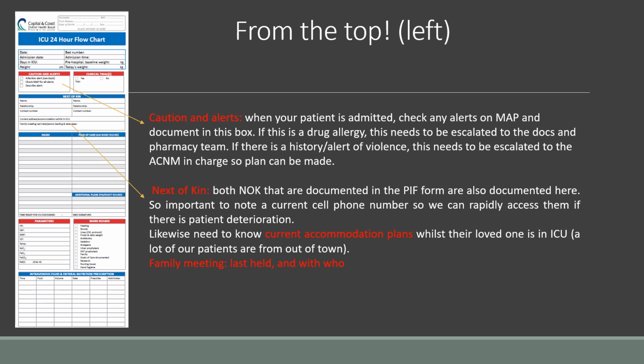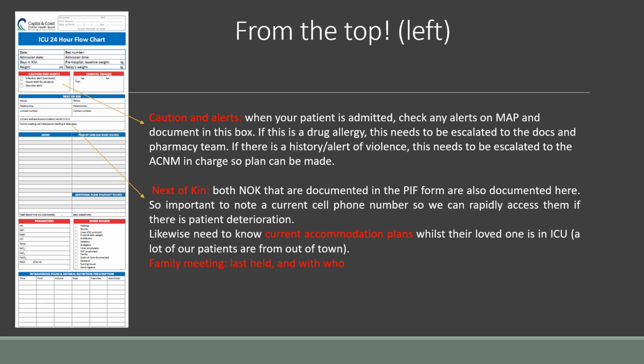If this is a drug allergy, obviously we'll need to pass this on to the medical team, and James, our pharmacist as well. He will come around in the morning, and if you need to talk about a particular drug allergy or you're unsure of whether the drug allergy still stands, please talk to our medical team and the pharmacist.